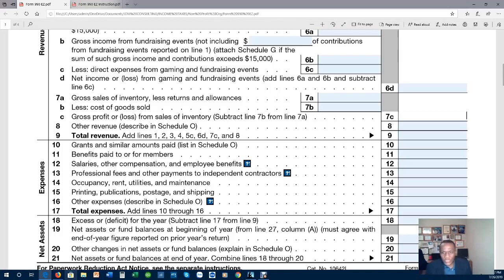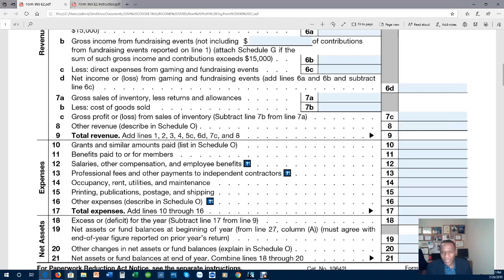Other revenue described on Schedule O. Schedule O is designed to report other revenues that are not related to any of these activities, and whatever the total from that schedule, other revenues, would be here on line 8. And then line 9 would be your total revenue for the year.